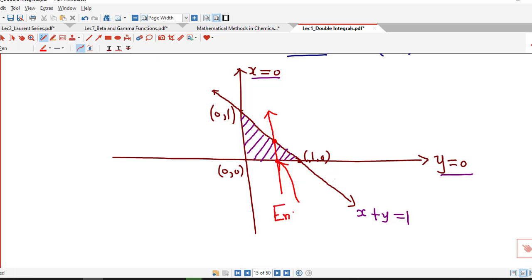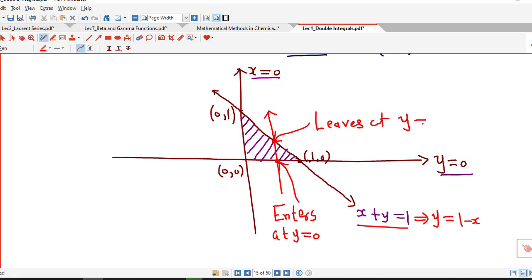So here we can write this enters at y equal to 0. This point is on the line x plus y equal to 1. So we find out value of y from this equation. So here we can write that line leaves the region at y equal to 1 minus x.